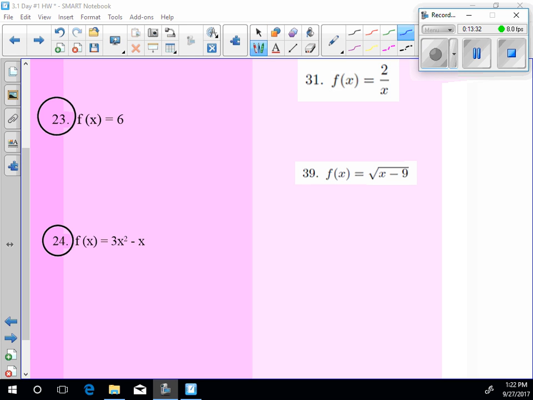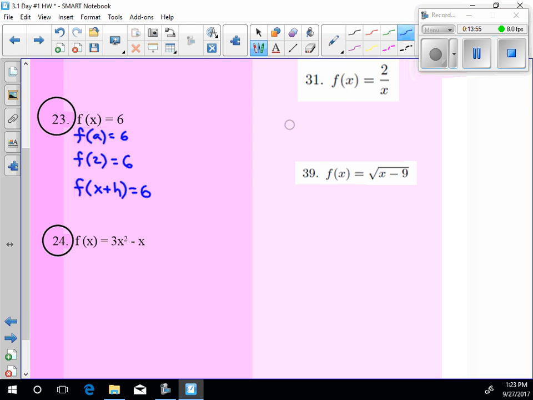If f of x equals 6, right, what would f of a be? What about 6? What would f of 2 be? 6. What would f of x plus h be? 6.